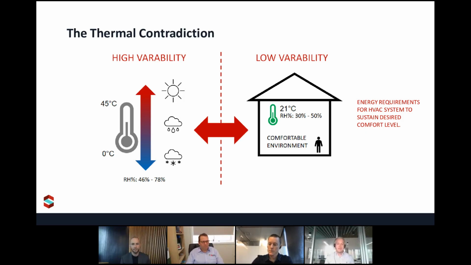Keeping that consistent temperature and humidity involves electricity and the use of air conditioning. What we want to nut out today is how we can use the building envelope to reduce the effect of the external climate and reduce the need for electricity.